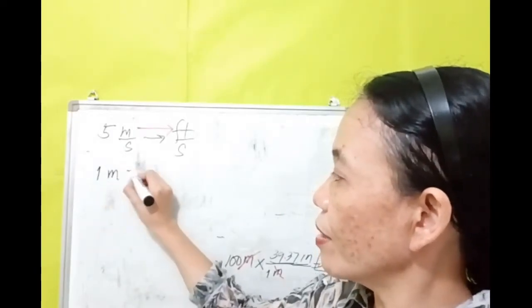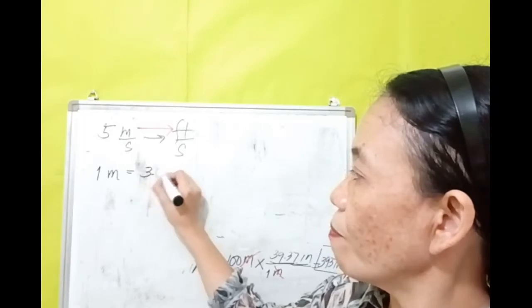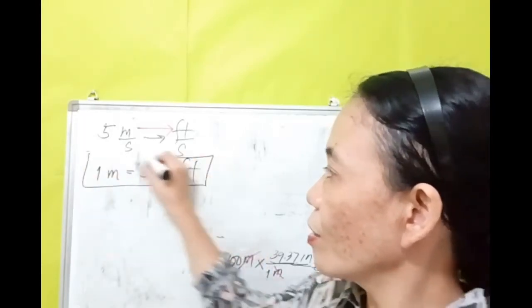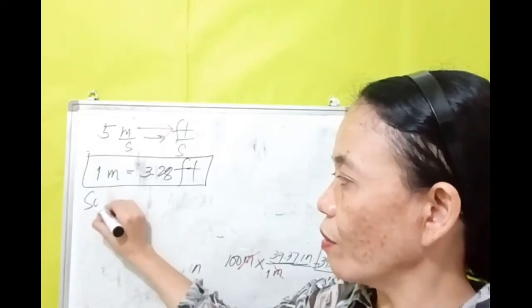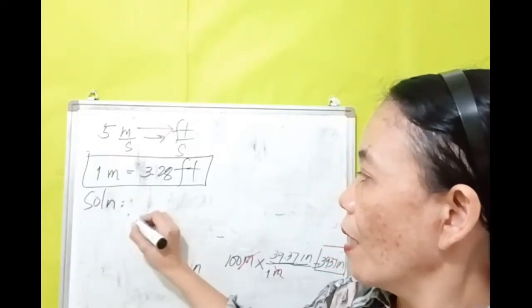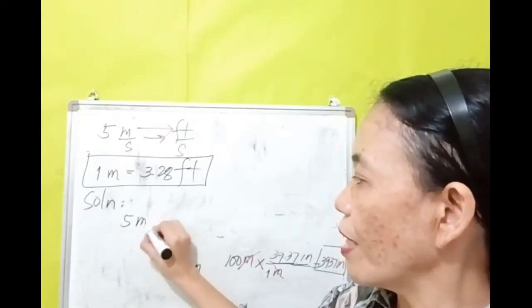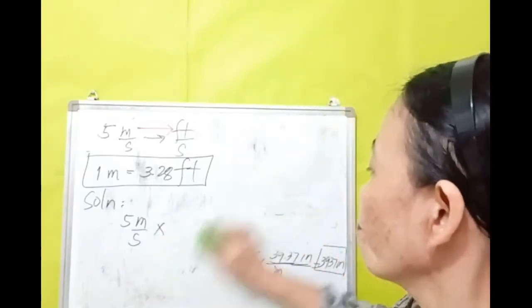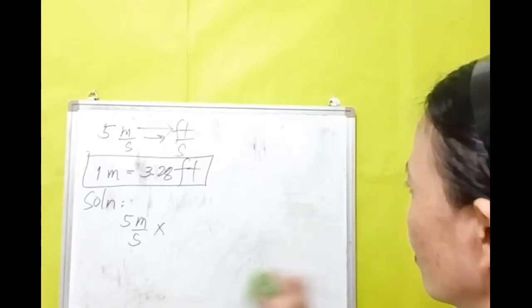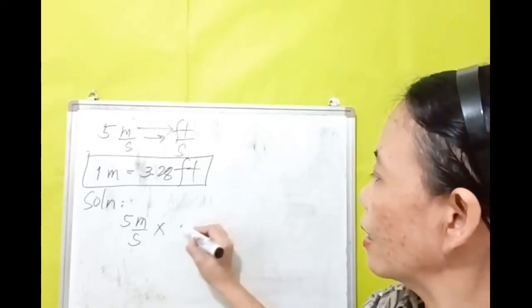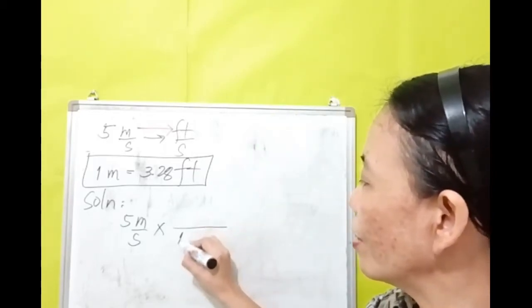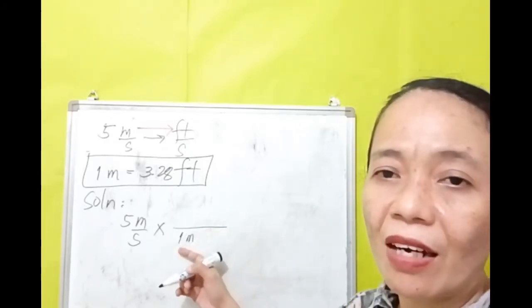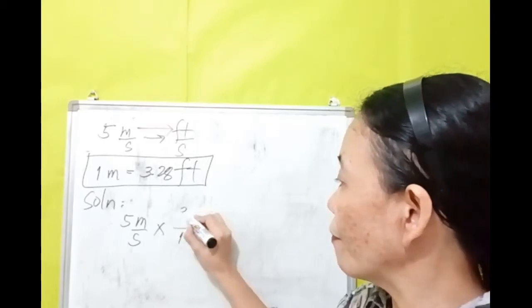In 1 meter, there are 3.28 feet. So this is our conversion factor. So let us solve. Copy the given 5 meters per second multiplied by the conversion factor. So we're going to write 1 meter in the denominator. Then in 1 meter, there are 3.28 feet.